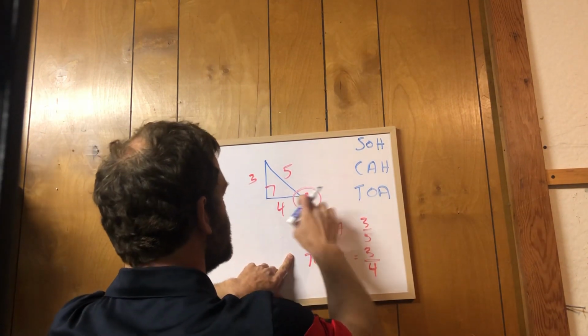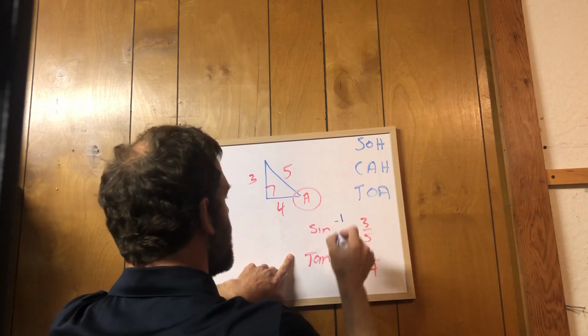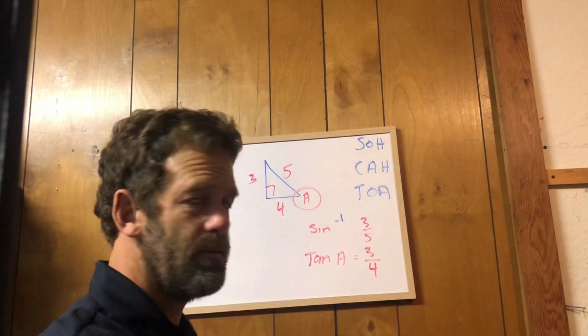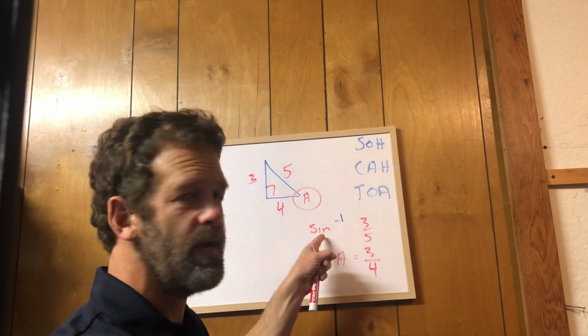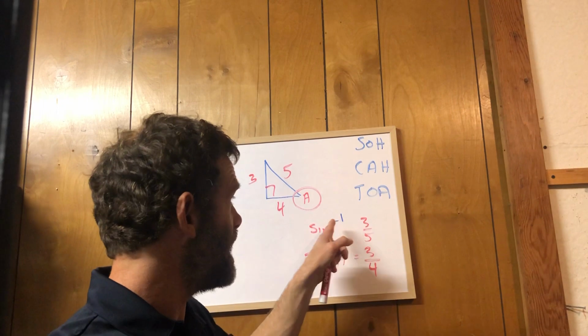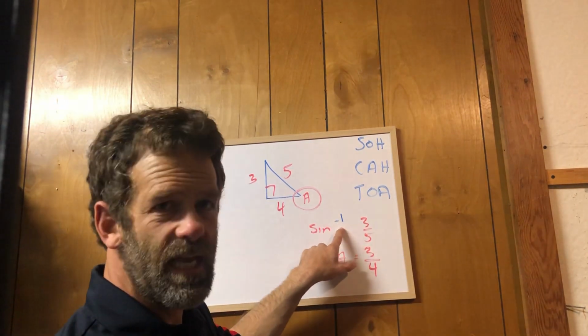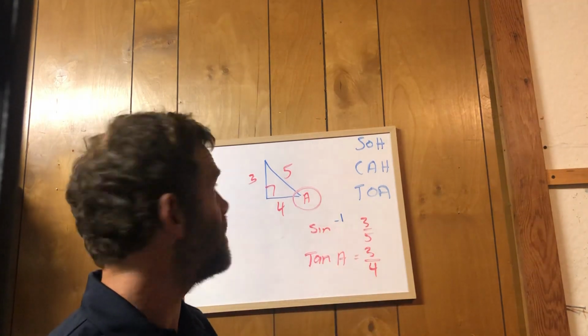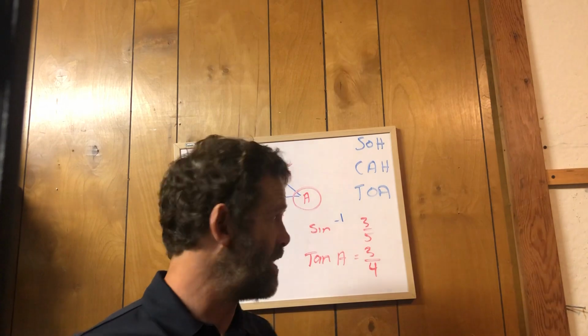If we want to find this angle, we would do inverse sine. This inverse button is on your calculator, and wherever sine was, sine inverse is right next to it. You only use the inverse button whenever you're trying to find a missing angle. That's it. Just a missing angle.